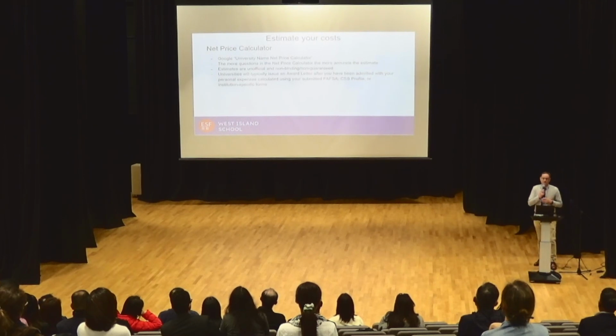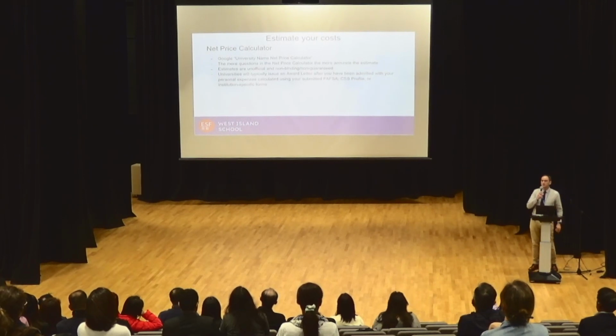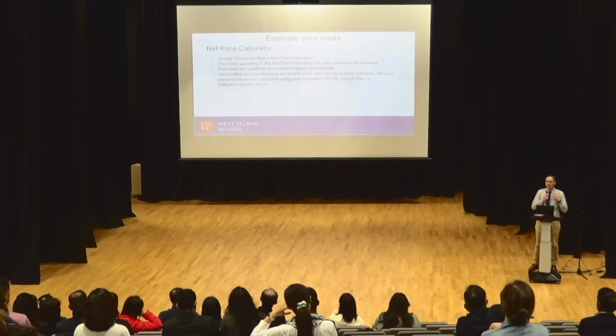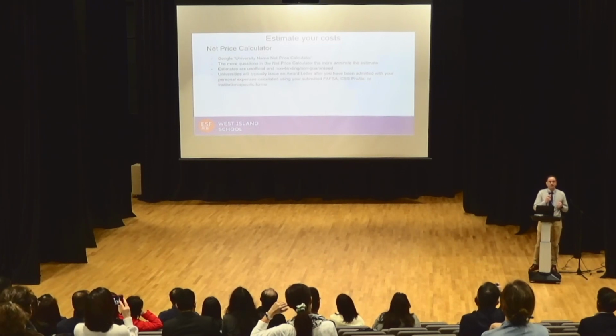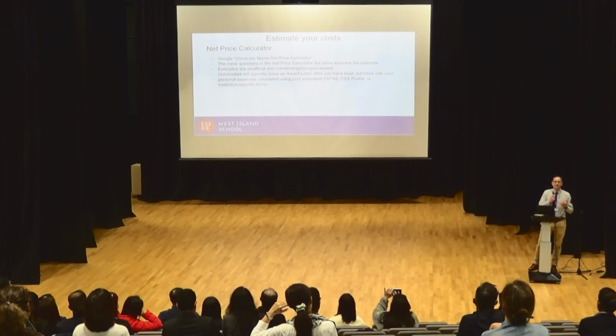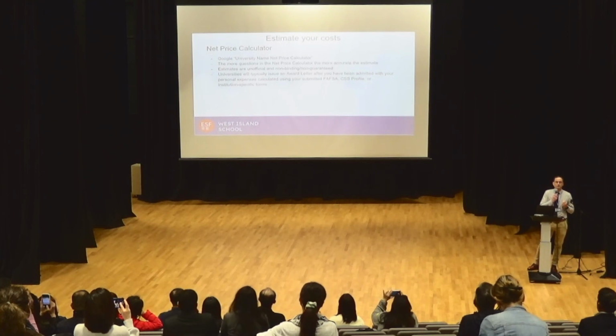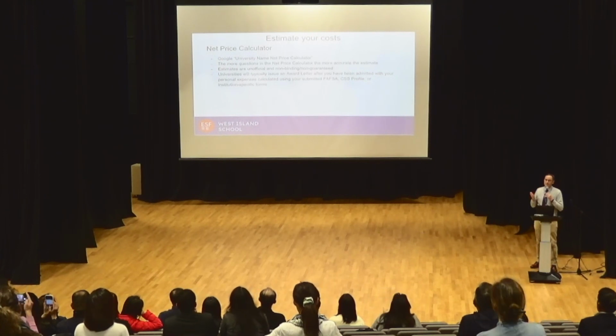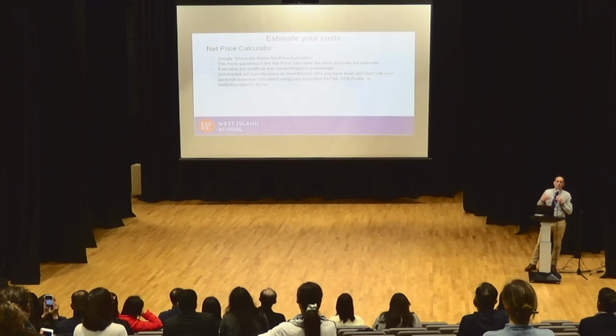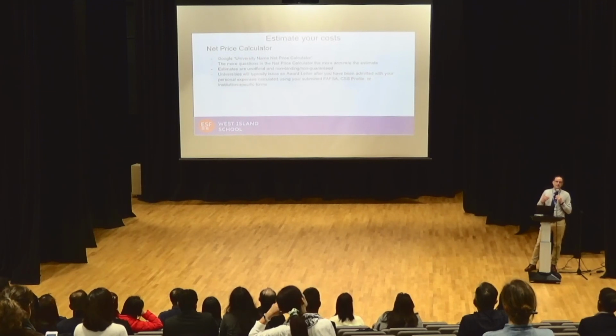So this is something that I definitely recommend that you become aware of. Not being political, it's something that's relatively new. It came out under the Obama administration as an effort to try to make things more transparent, because in our first couple slides we talked about some things I know were already a bit confusing. So all universities now are required to have something called a net price calculator.